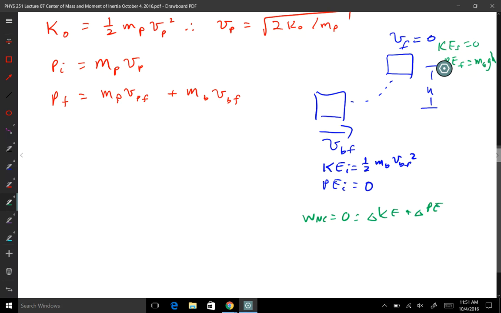this is what I did in my head on the first one, because this is a little more complicated. I write it out. So I'm going to have 0 equals final minus initial kinetic energy plus final minus initial potential energy.